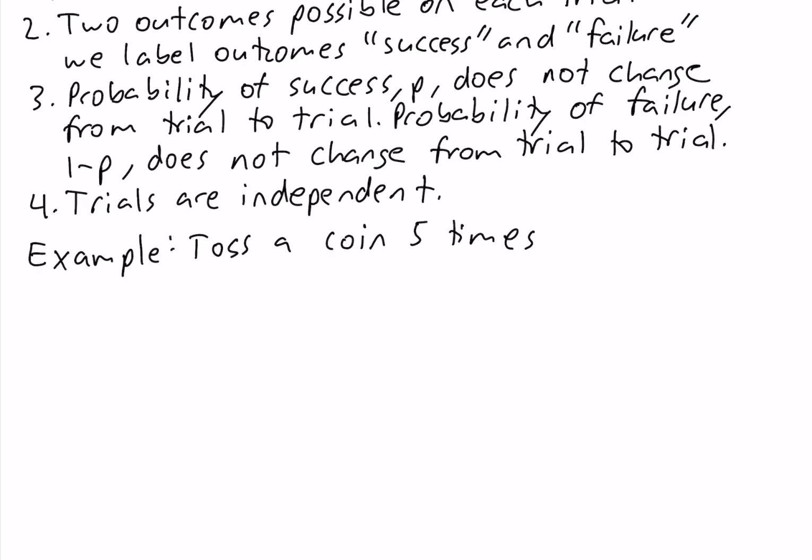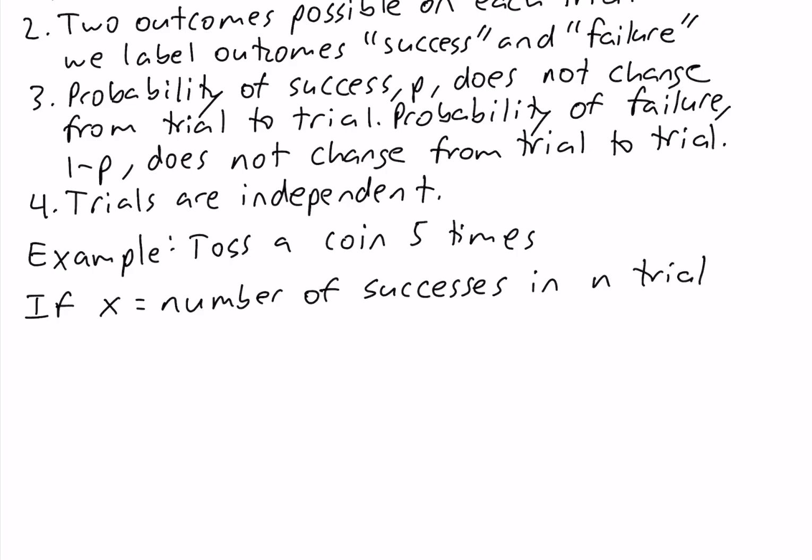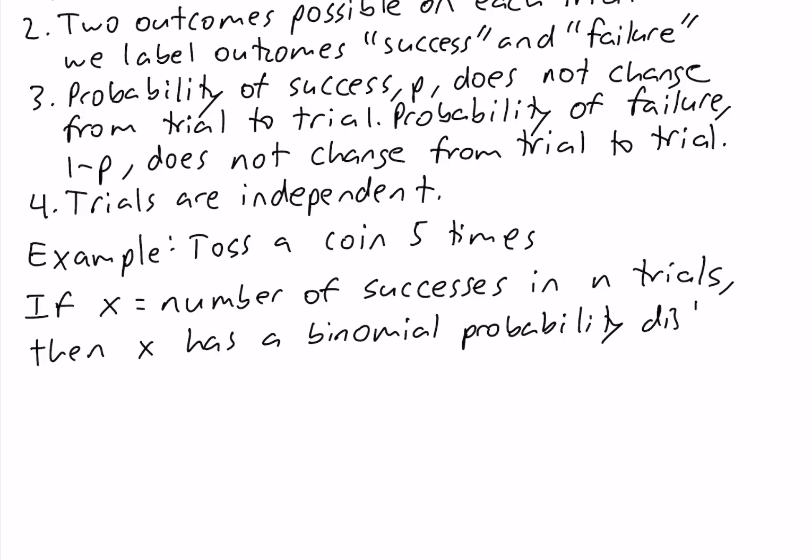Now, if an experiment is a binomial experiment, and then we define our random variable x as the number of successes in the n trials, then x has a binomial probability distribution.